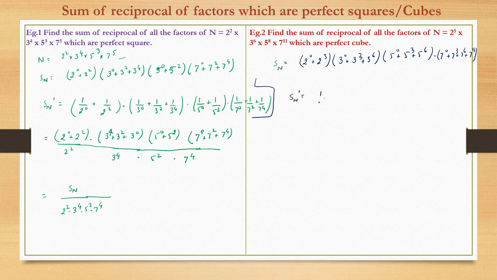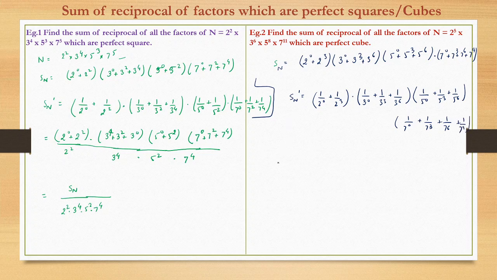We can write as 1 upon 2 raised to power 0 plus 1 upon 2 raised to power 3. Here it becomes 1 upon 3 raised to power 0 plus 1 upon 3 raised to power 3 plus 1 upon 3 raised to power 6. This is 1 upon 5 raised to power 0 plus 1 upon 5 raised to power 3 plus 1 upon 5 raised to power 6, and 1 upon 7 raised to power 0 plus 1 upon 7 raised to power 3 plus 1 upon 7 raised to power 6 plus 1 upon 7 raised to power 9.